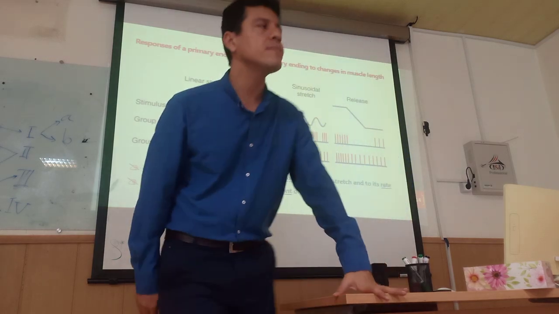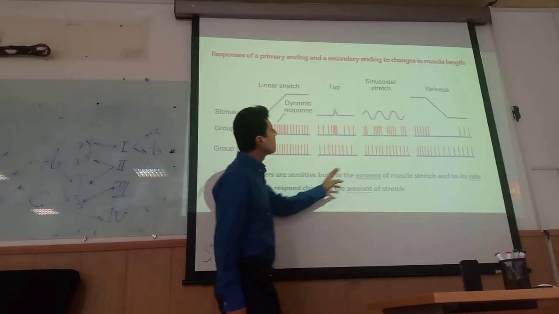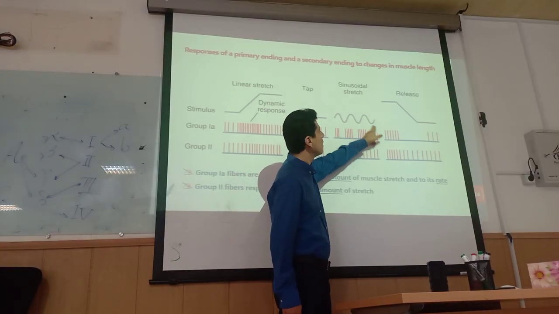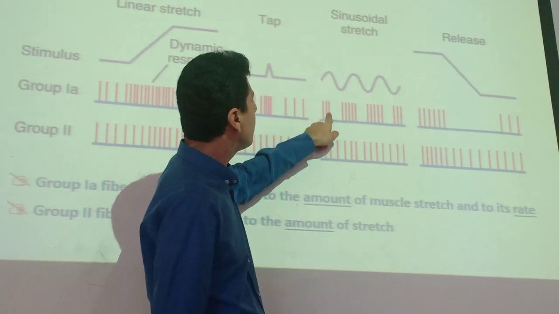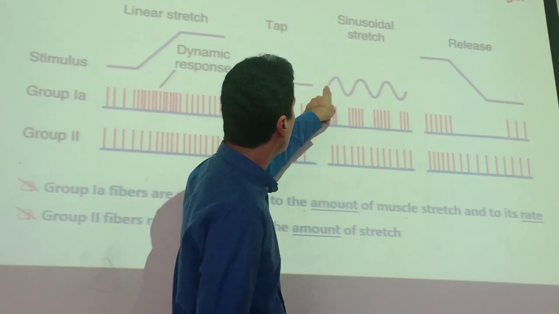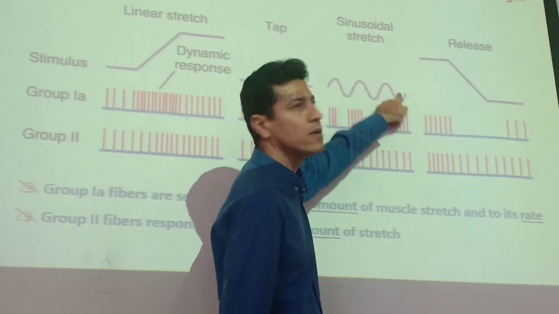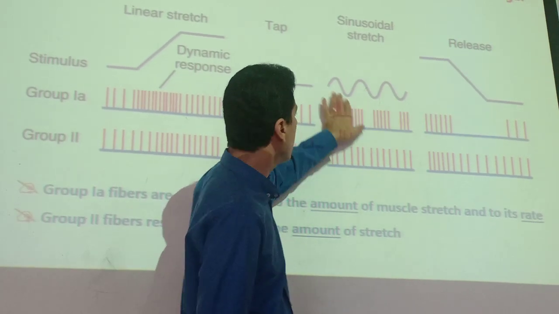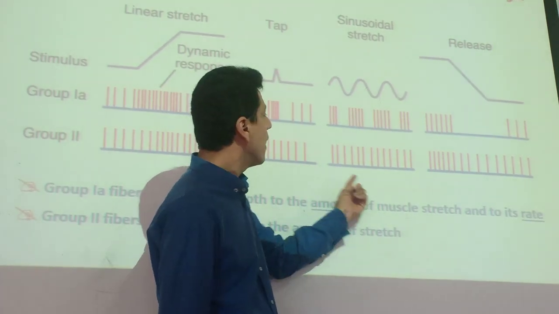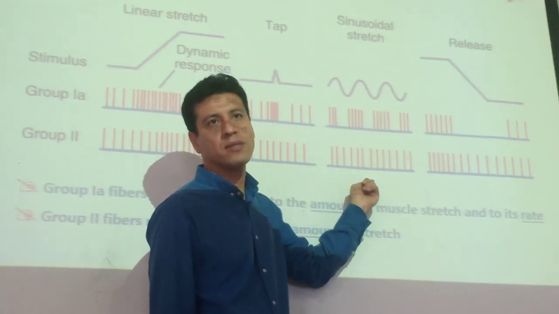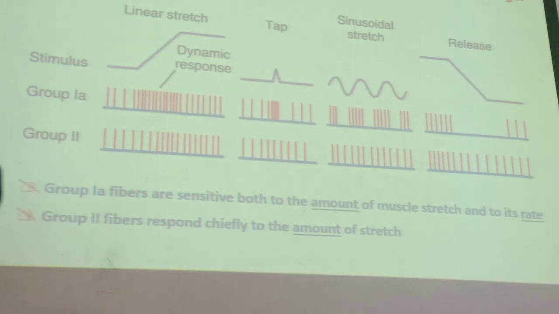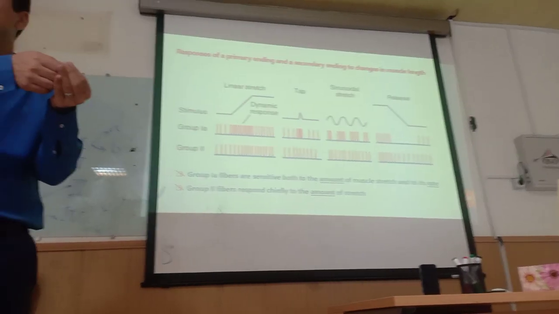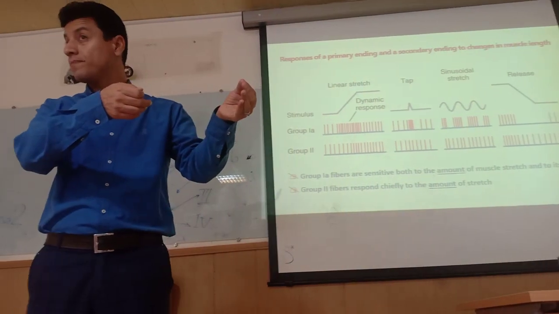Right? Another thing. Sinusoidal stretch. So, you will have action potentials only in some of the phases of the stretch, not in all parts, okay? And type 2 fiber doesn't respond. So, then you have changing stimulation. For example, you may stretch a muscle, so the length is changing.